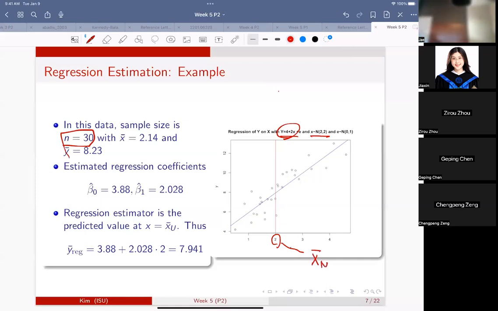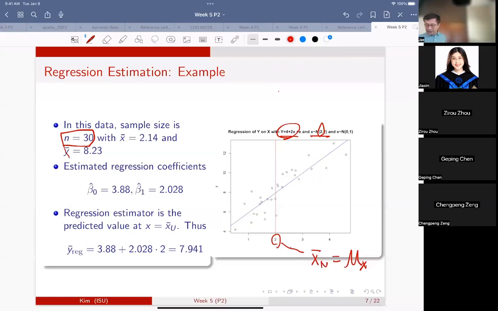What do I mean by finite population? That is, N is infinity. So you can think of it as mu X, which is 2, because I have a normal with mean equal to 2. So this is 2.